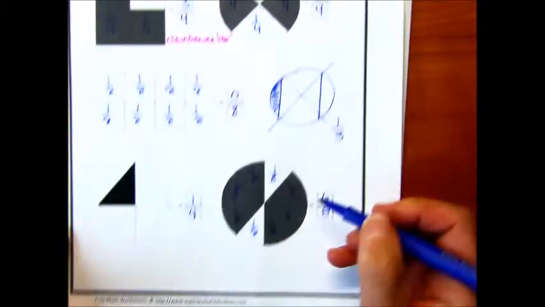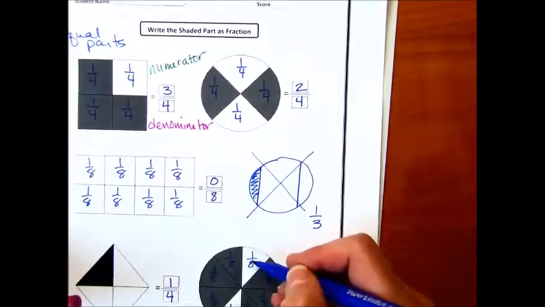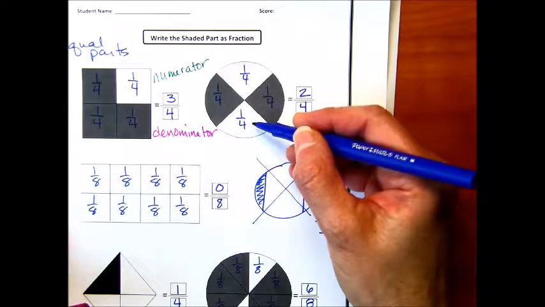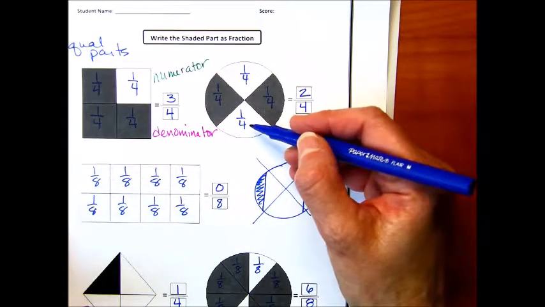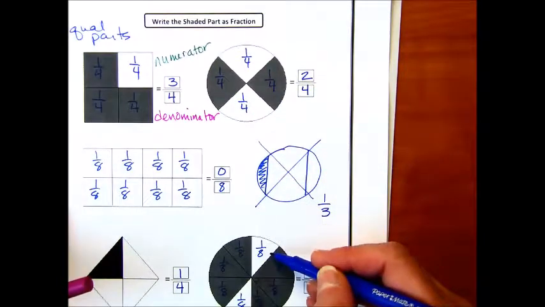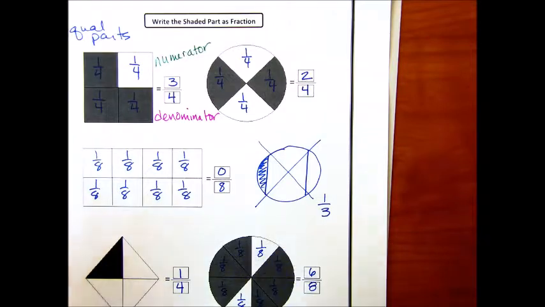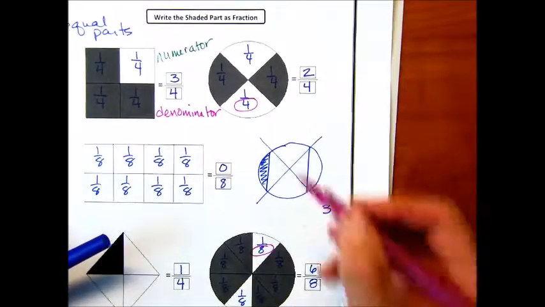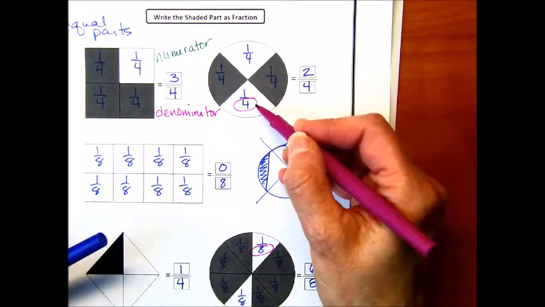Notice how this fraction 1/8 looks when we compare to 1/4. 1/4 looks bigger than 1/8. Even though the denominator, and that's our bottom number here, is smaller for the 1/4, the pieces are larger.